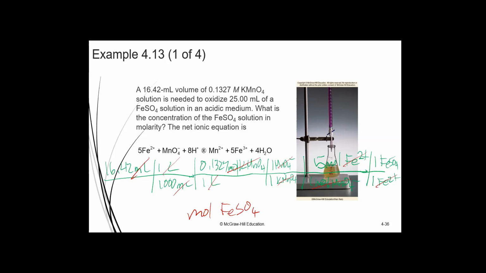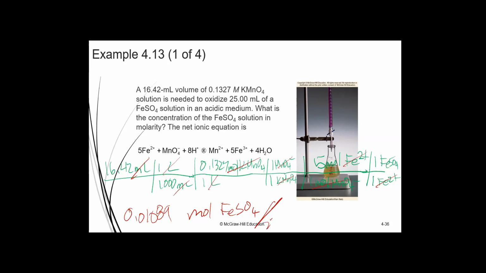So 16.42 divided by 1,000 times 0.1327 times 5. And so this is 0.01089 moles of FeSO4. Now that's not enough. We can't just stop there because it doesn't ask us for our moles, it asks us for our concentration. So we want to take that and divide it by our volume.